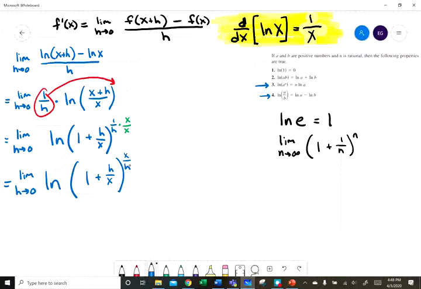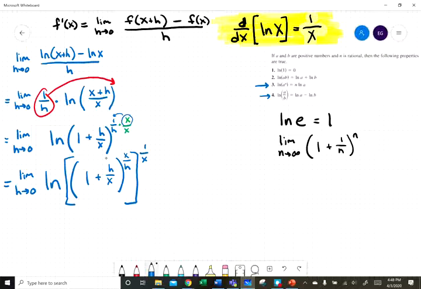So I'll use this x and put that with the h, and then the other x we'll put out here. So there's our x over x. The numerator x is on the inside, the denominator x is on the outside.